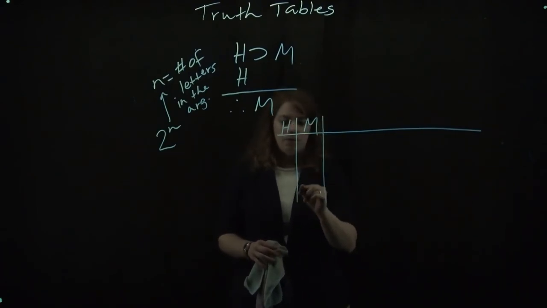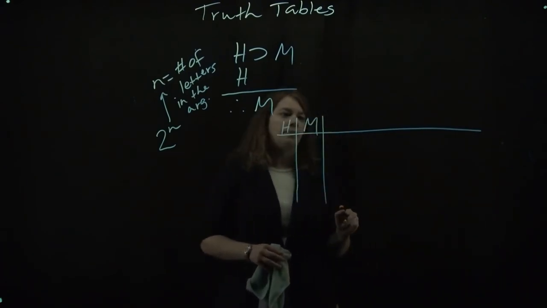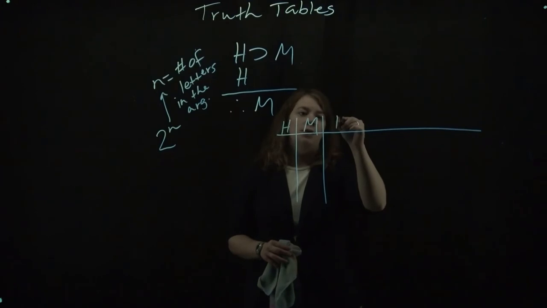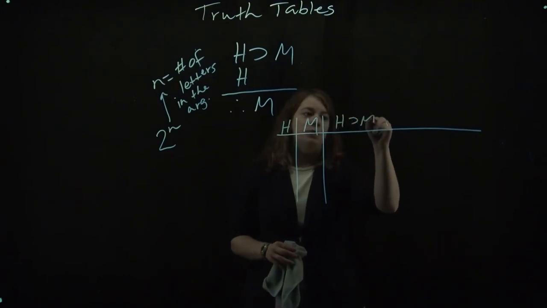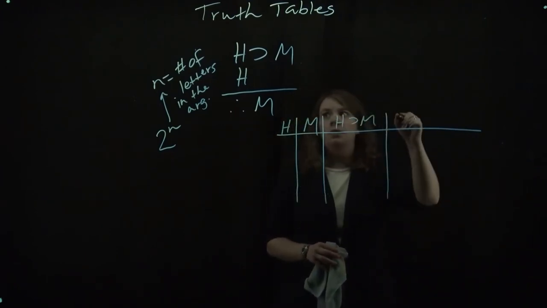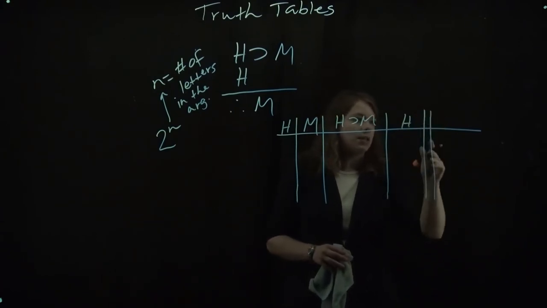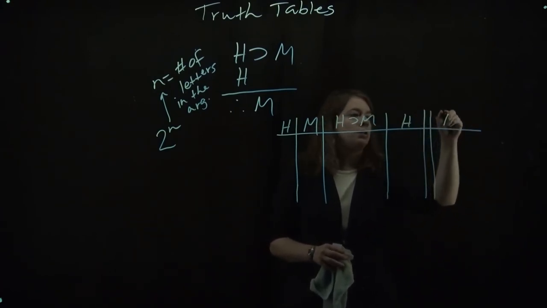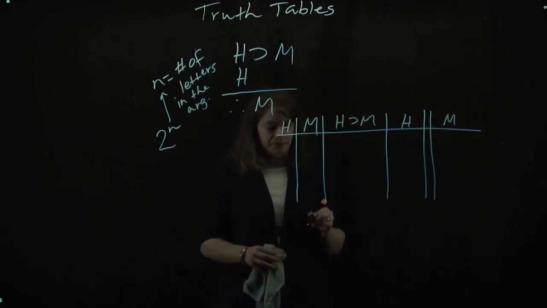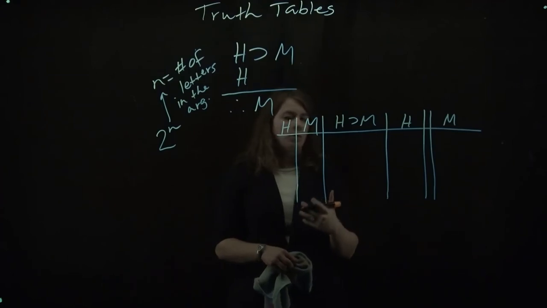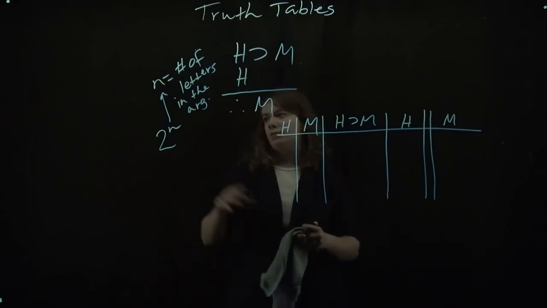And then you're going to put in a column for each individual premise and the conclusion. So H horseshoe M, H, and then I usually put in a double bar to indicate that what follows is the conclusion, M. All right. So we've already said that our truth table is going to have 4 rows to it because of this formula.